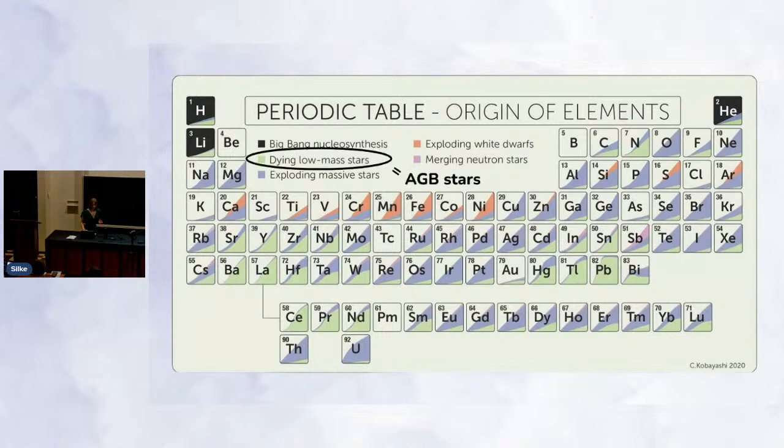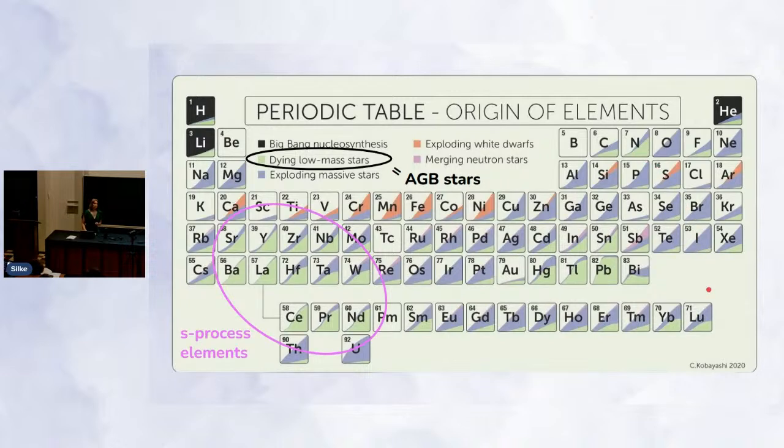And so today we're looking at these dying low mass stars, as indicated here. These are the AGB stars I was talking about. Wherever you see a green part inside the box of the element, these elements are partially produced by AGB stars. As I already mentioned, there is the carbon and also a bit of oxygen that's important, but also, as you can see, a lot of nitrogen is produced by the AGB stars.